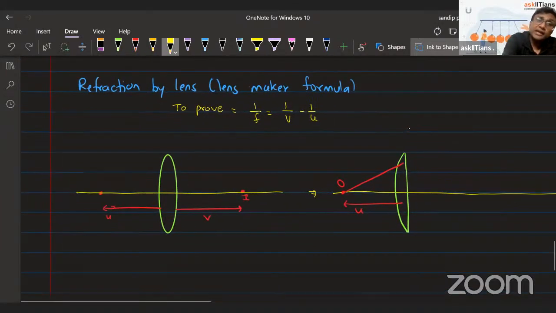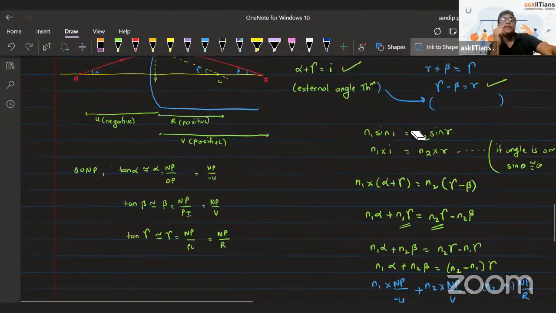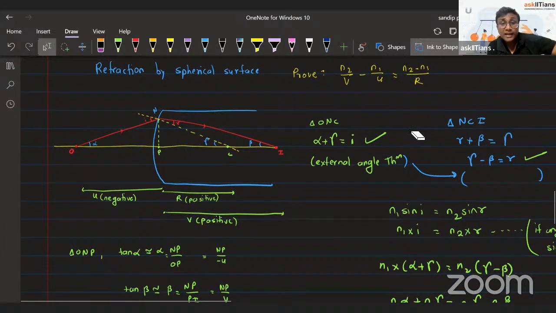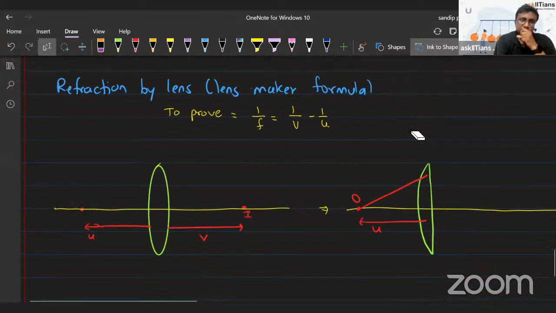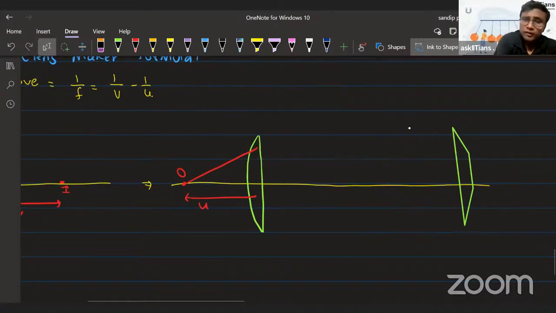Initially, we can see that there are two curved surfaces. For one curved surface, we have already seen there is one imaginary sphere which has the radius R. Now this lens has two spherical surfaces. So I can say there will be two radii of curvature. One circle will be something like this.